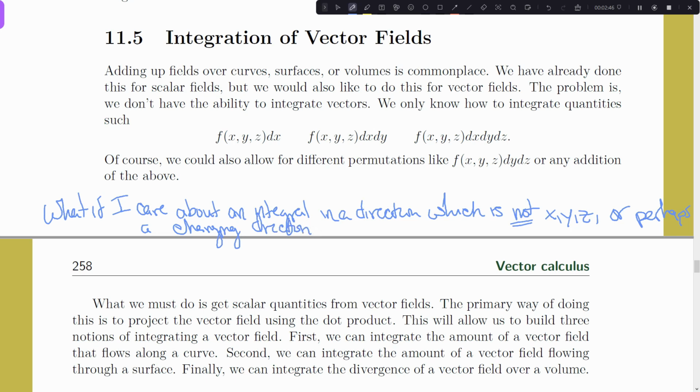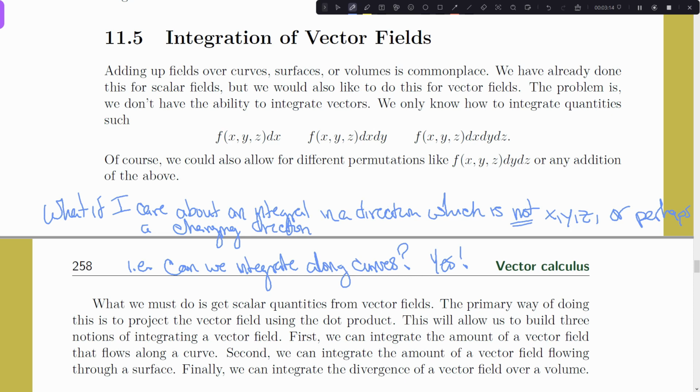Right. What if I want to integrate along a curve? I.e., can we integrate along curves? And I wouldn't be asking this question if the answer were no. So yeah, we can integrate along curves, and we're going to see how we do that today.